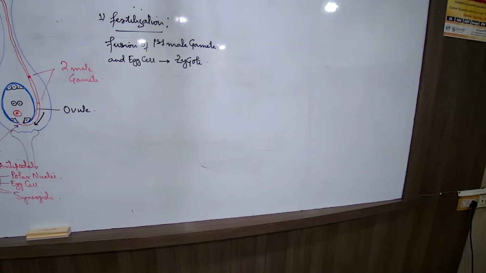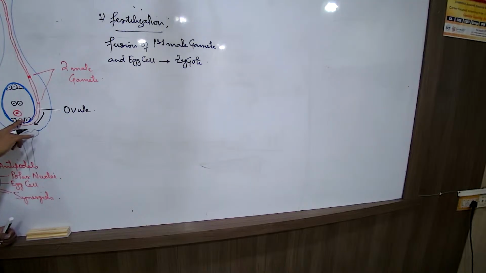When I started talking about the concept of sexual reproduction, I told you the meaning of haploid and diploid cells. Haploid cells means a cell which has just half the chromosome number. Diploid cell means a cell which has the full chromosome number. So this zygote formed after fertilization is definitely a diploid cell.